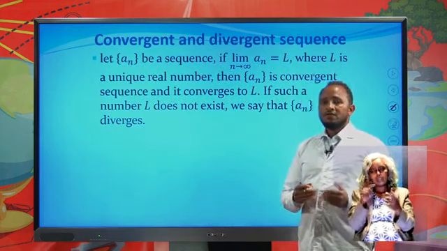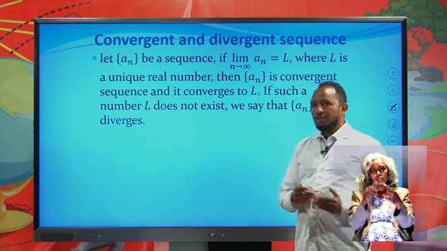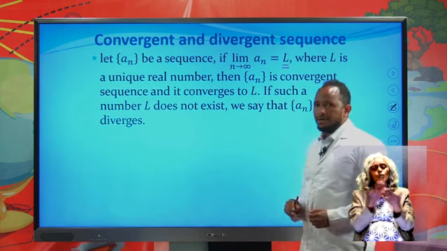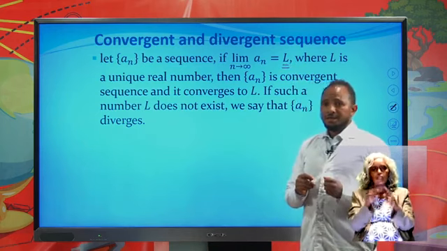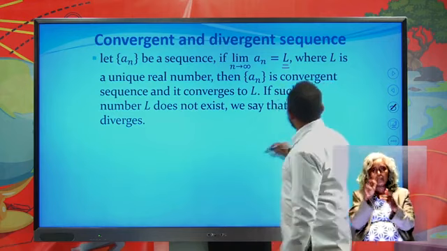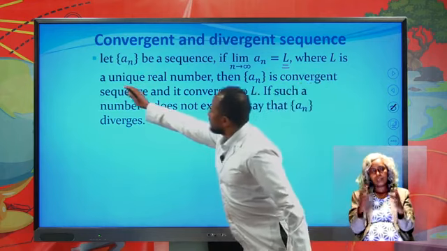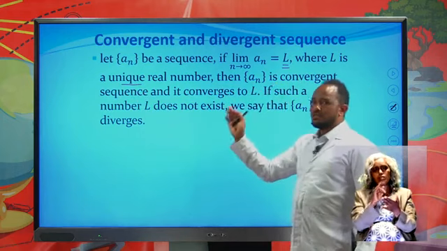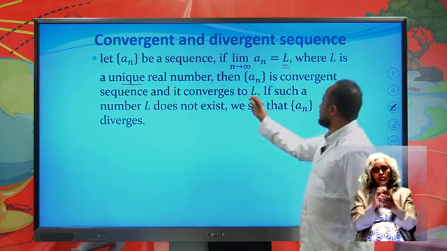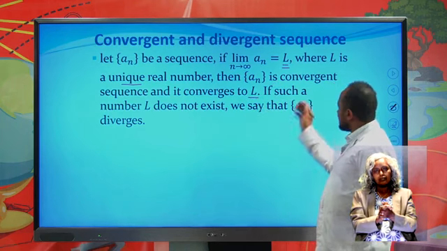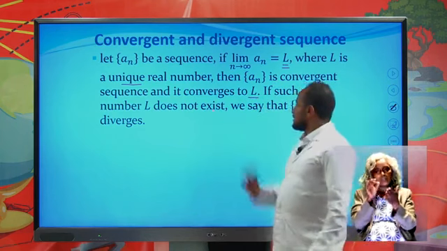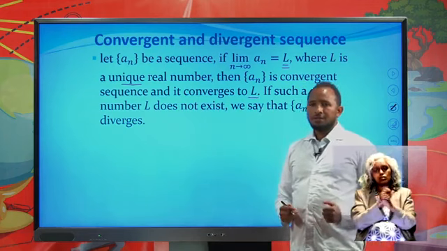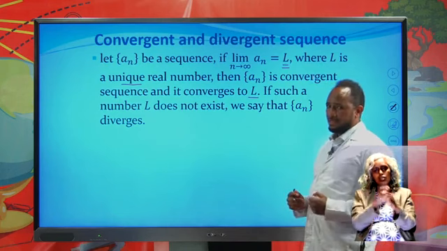If the limit of a_n when n goes to infinity is a specific number L, where this L is a unique real number, it must be unique, then a_n is a convergent sequence and it converges to L. If such a number L does not exist, we say that the sequence a_n diverges. We say the sequence diverges if L doesn't exist.